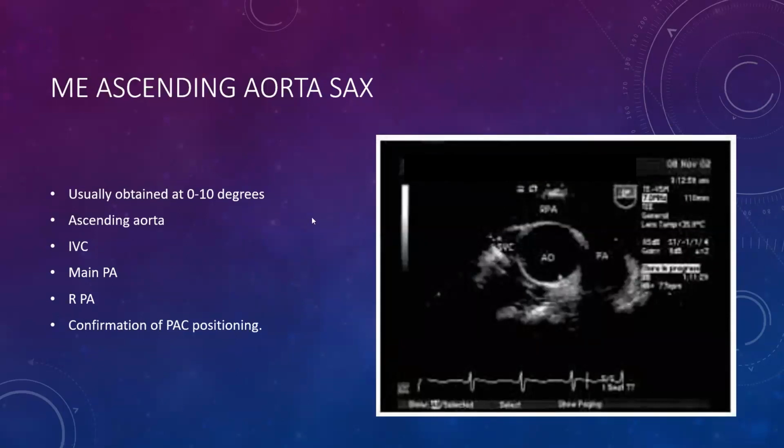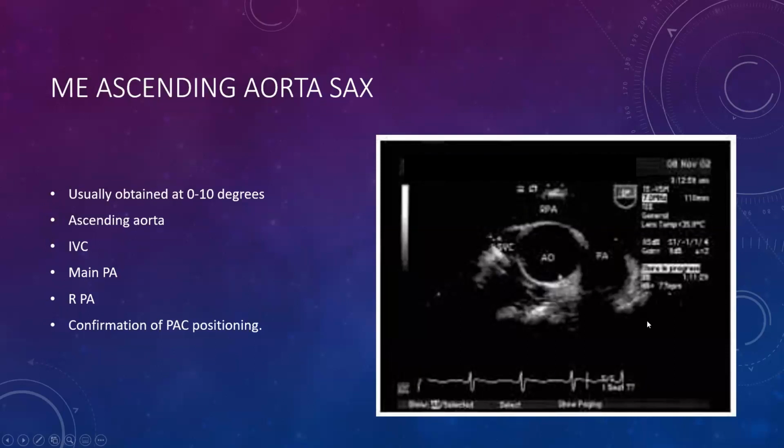All right. So moving on, we have the mid-esophageal ascending aorta in short axis. So you actually do have to pull up a little bit, but it is still considered mid-esophageal. Usually obtained 0 to 10 degrees. You see the ascending aorta, obviously in short axis. Here you see the IVC. What I find this useful for is you see the main pulmonary artery, and it splits off into this right pulmonary artery.